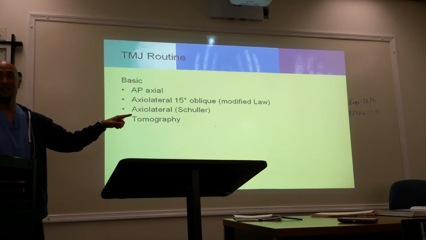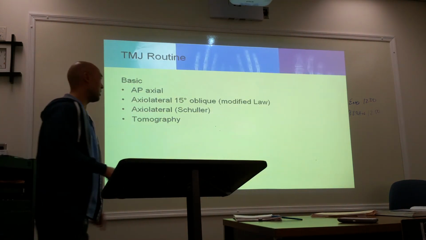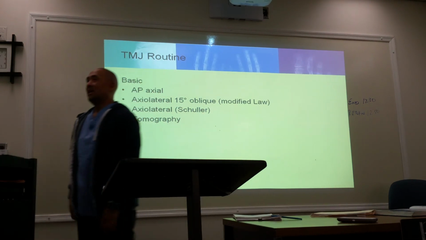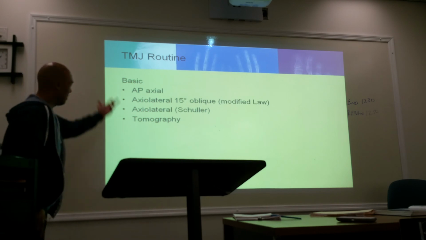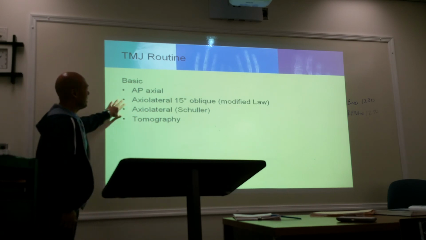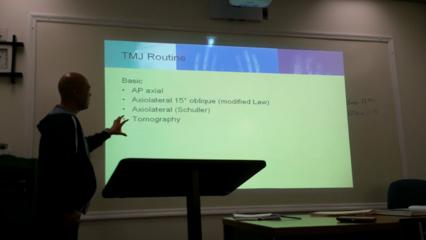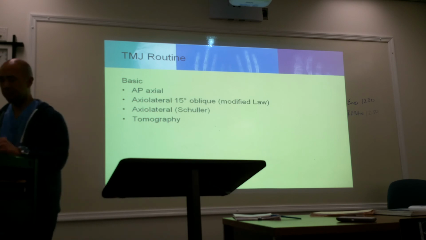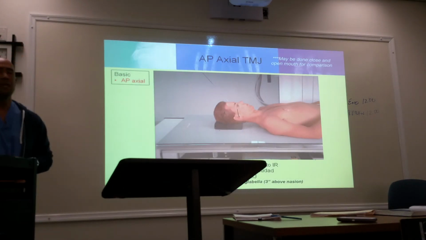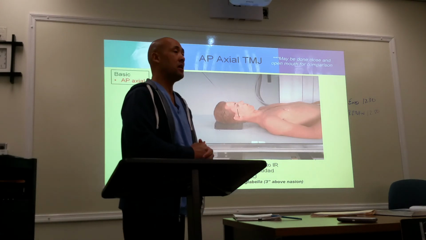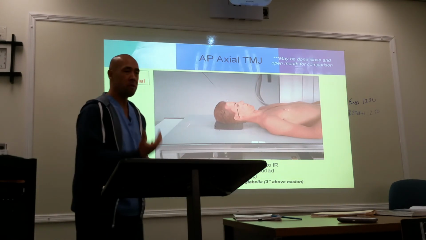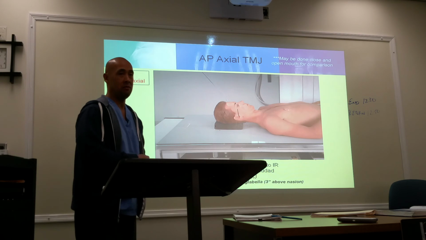Okay, TMJs. What's a TMJ? Temporal mandibular joint. Okay, so AP axial, there it is again. Obliques. These are going to be some new ones I'm going to introduce to you here, such as the modified Law and also your Schuller's, and then the tomographic portion of doing TMJs. Now, when doing TMJs, they're generally done for comparison in open mouth and closed mouth.